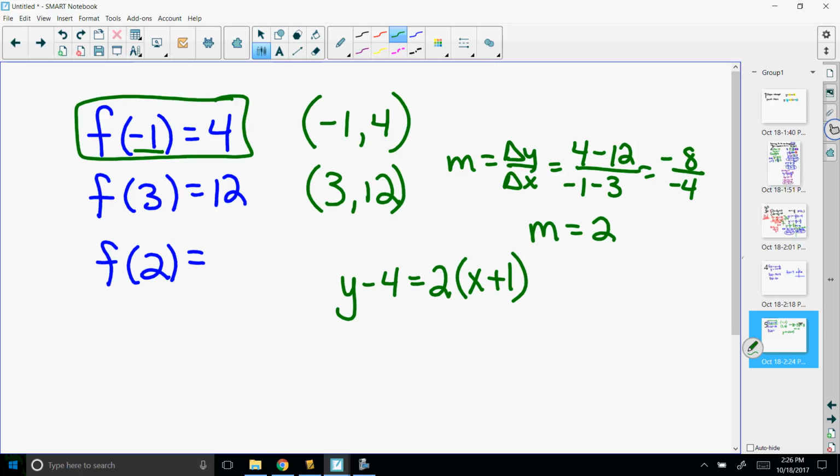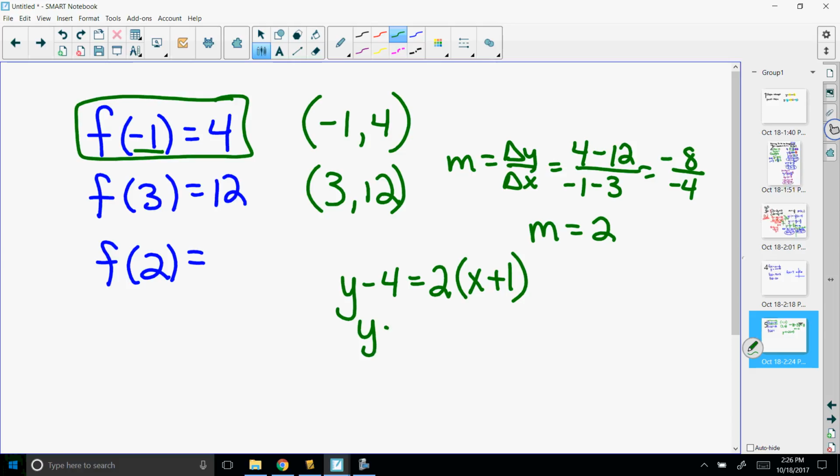Find the formula for the linear function. Okay, I found a formula. Then it says calculate f of 2. It didn't tell me what format to put it in, did they? However, what were all of these over here? Like an f of x. It's like an f of x. And f of x means the same thing as y. So if I wanted a function for it, I would solve for y.